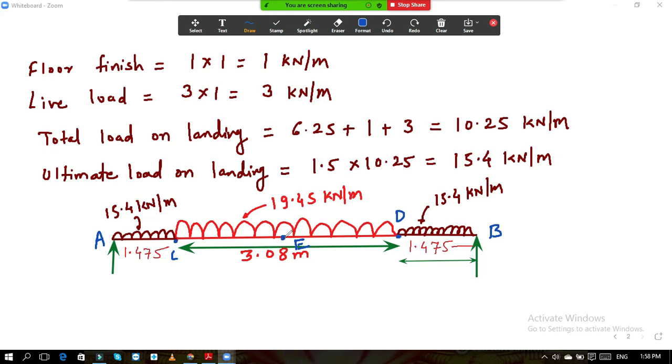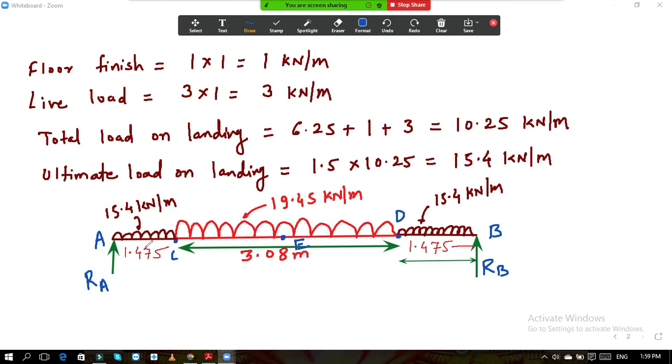So we will calculate the maximum bending moment. To calculate the bending moment, first we need to find out the reactions. Let the reaction at point A be RA, and the reaction at point B be RB. We will consider the section at point E, and we will consider either the left hand side or the right hand side.